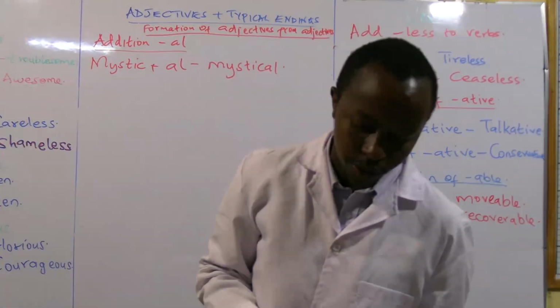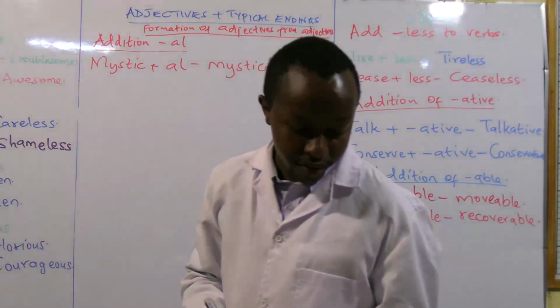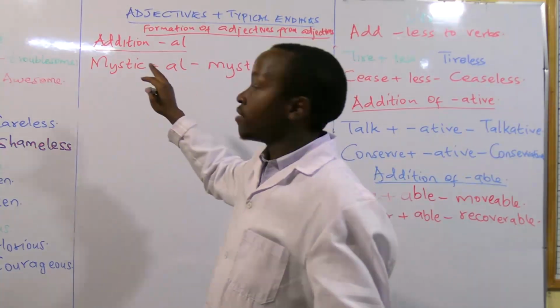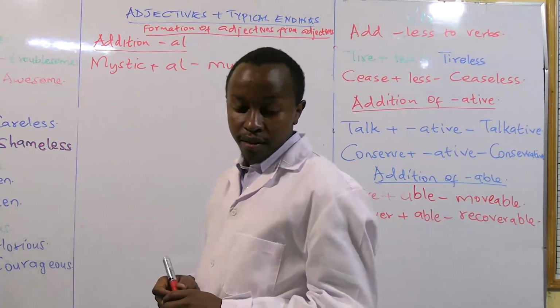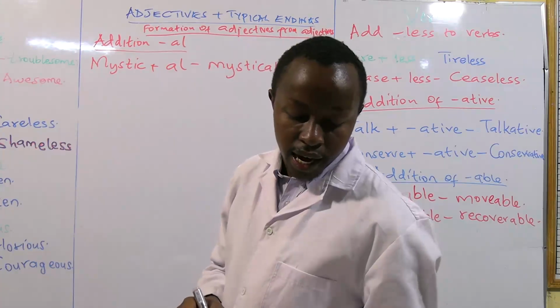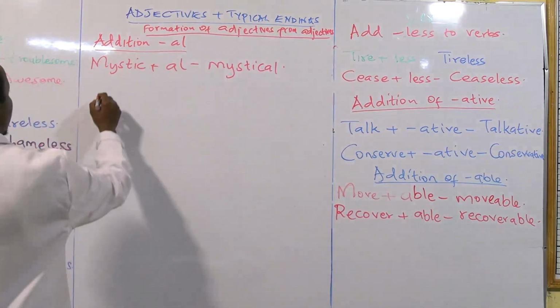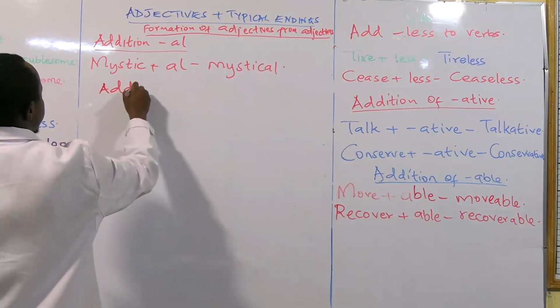We can have under mystical. That is the only word that can have al. We can have addition of ish to other adjectives to form adjectives.